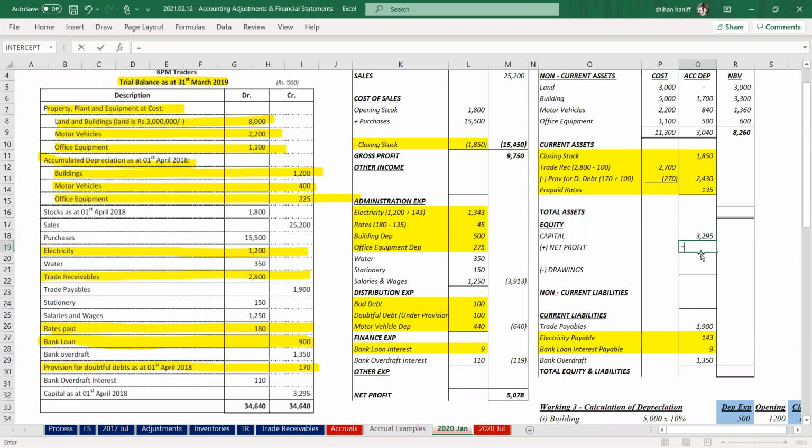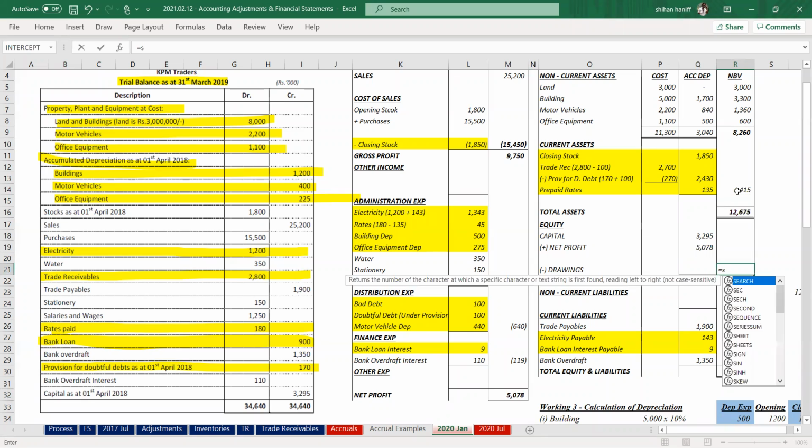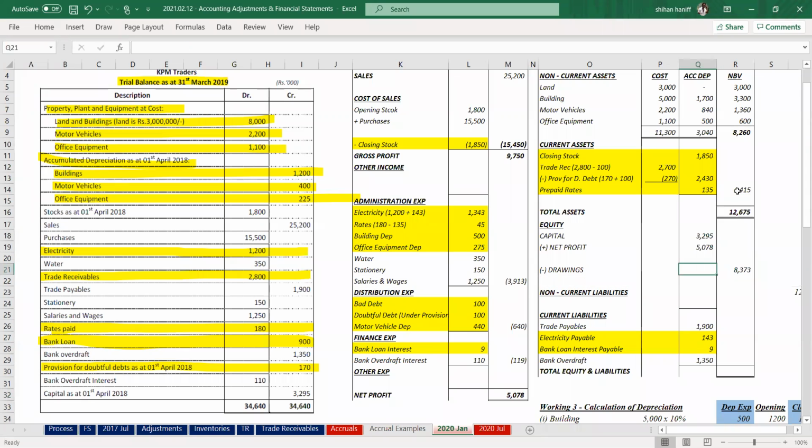Profit is 5,078. We couldn't take the non-current liability.